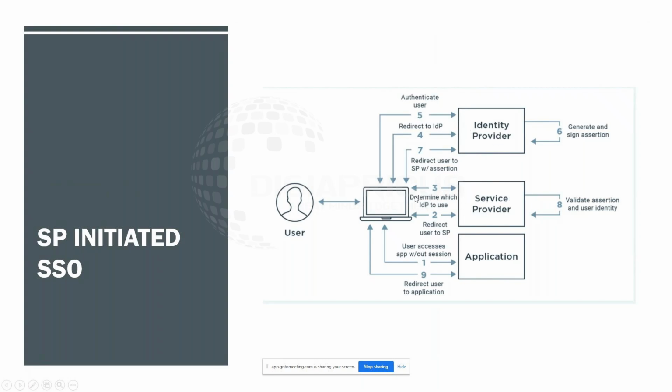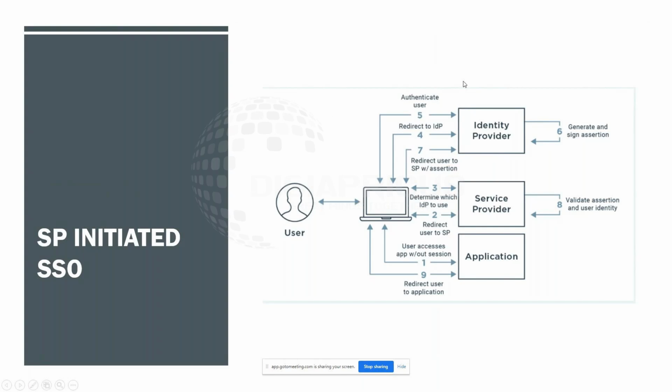So once the request comes here, the service provider will check whether any identity provider entity ID has been configured. If it is configured, it will redirect the SAML request to the identity provider. Then the identity provider will check whether the particular service provider entity ID has been configured. If it is configured, it will show the login page to the user.